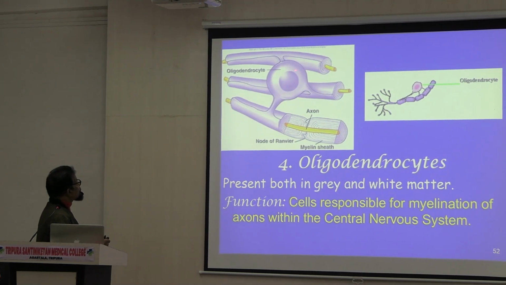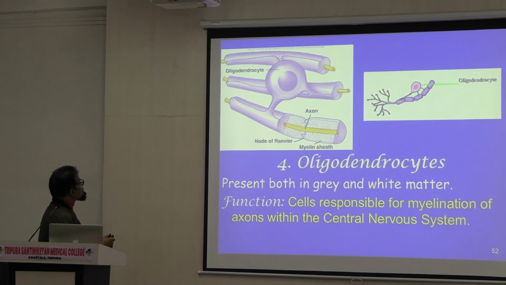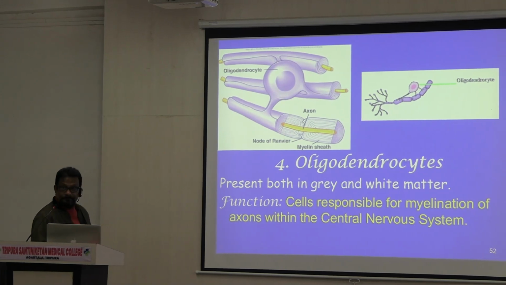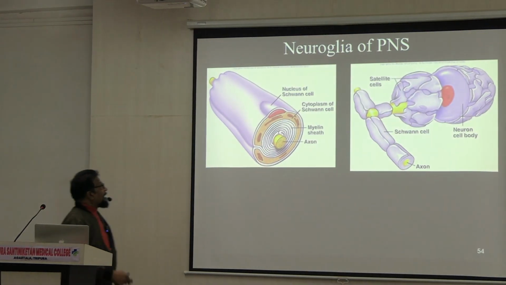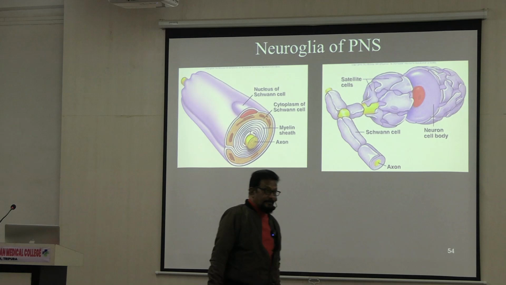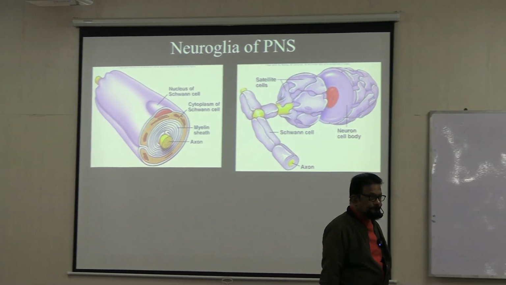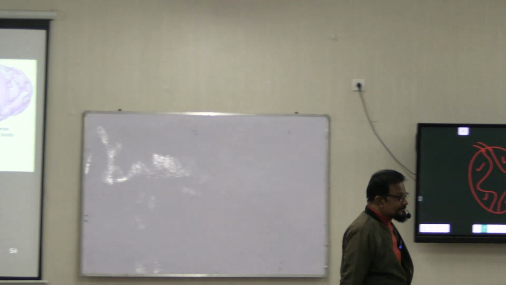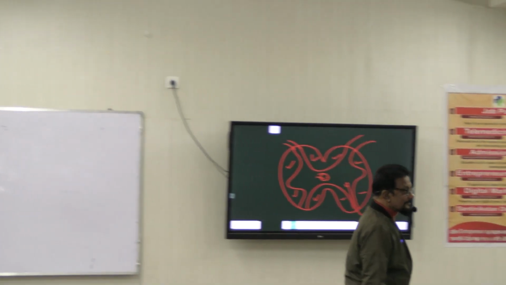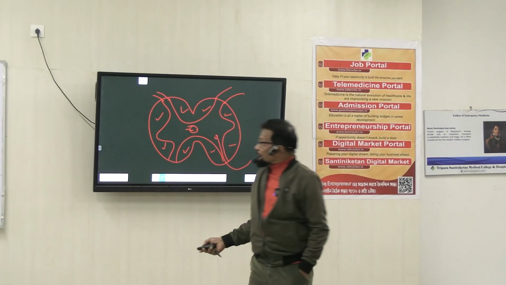See, this is how oligodendrocytes in the central nervous system produce the myelin sheath. Now, in the peripheral nervous system, there are two types of neuroglia, glial cells. One is the Schwann cell, another is the satellite cell.